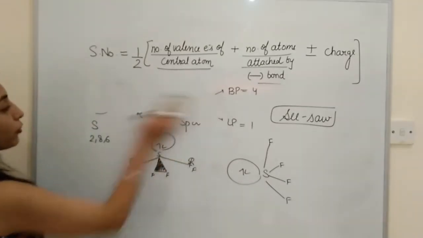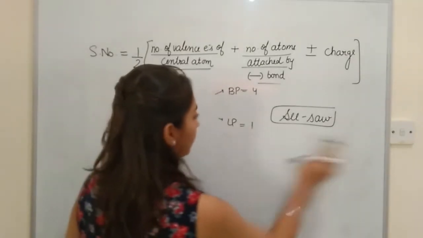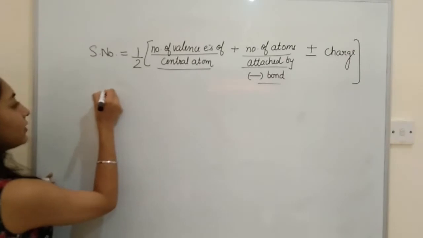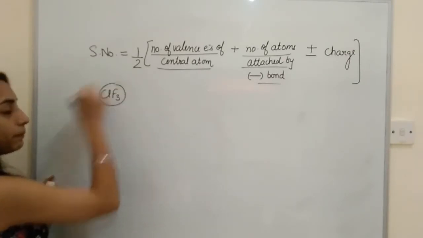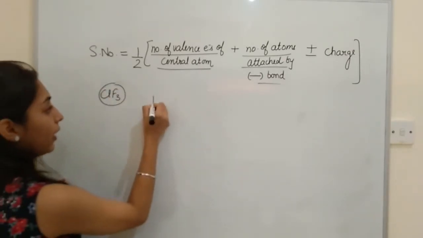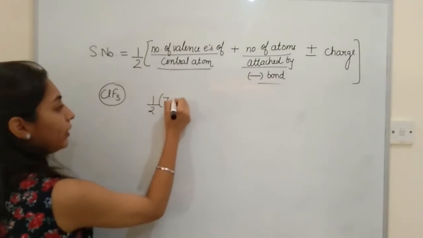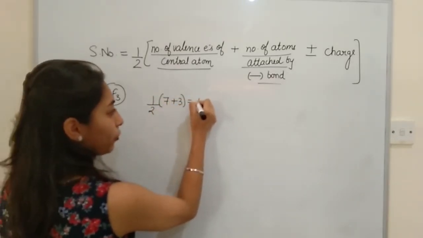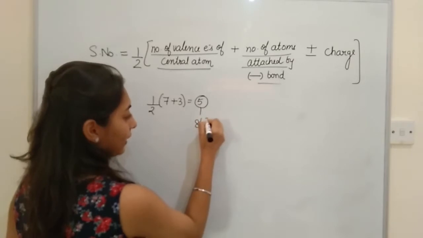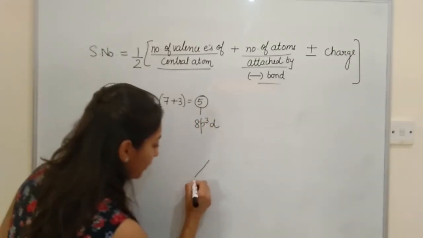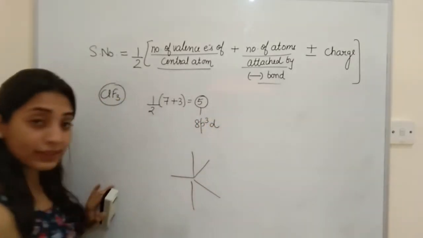Now let us move on to the next example, which is ClF3. Let's try to do this. Chlorine is 7, 3 fluorines, again 10 by 2, 5. 5 means sp3d. sp3d means something like this.